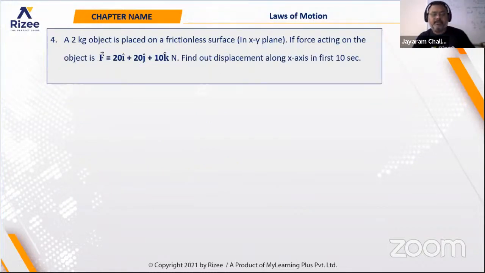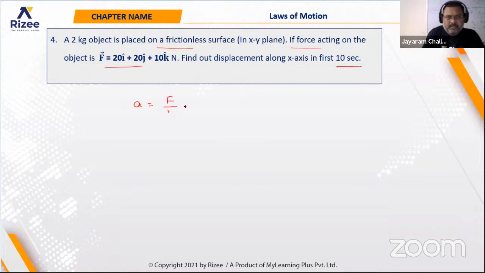Next one, question number 4. A 2 kg object is placed on a frictionless surface. If the force acting on it is given, find the displacement in the first 10 seconds. This is also the same model sum. Acceleration is equal to force by mass. Mass is equal to 2 kgs.